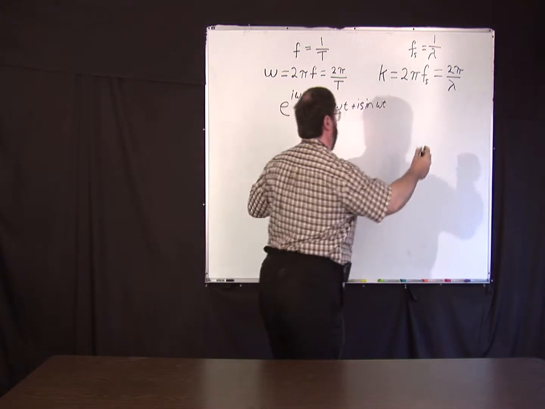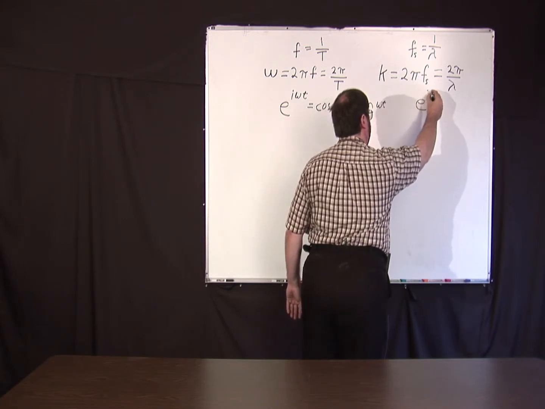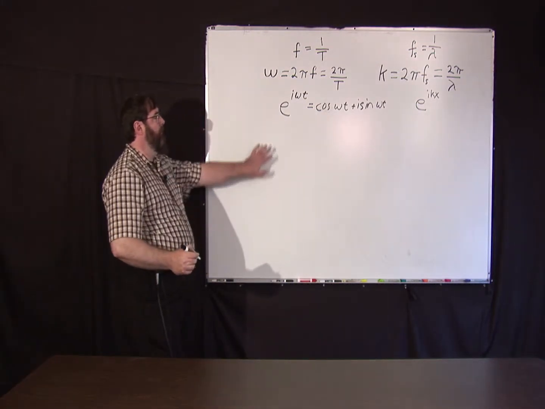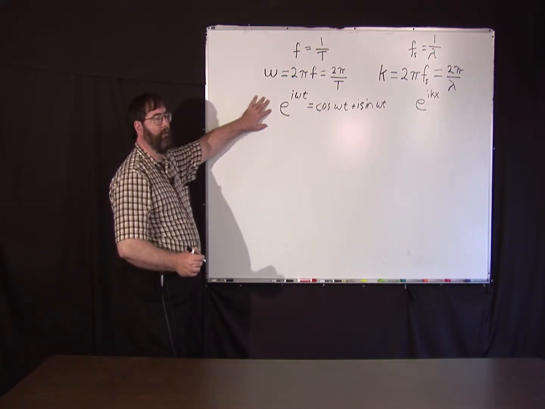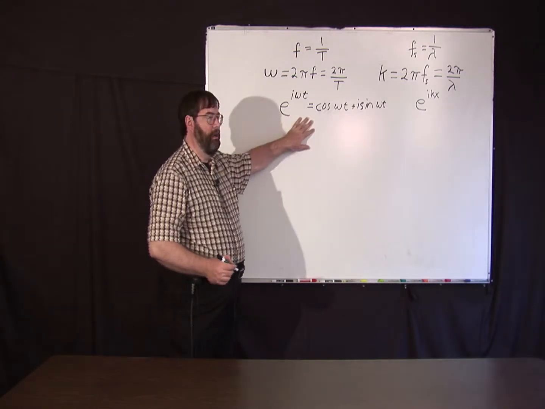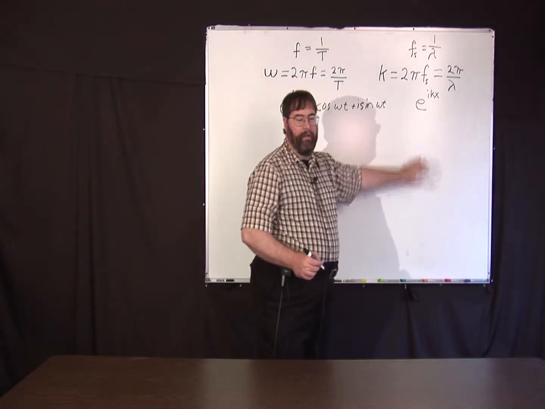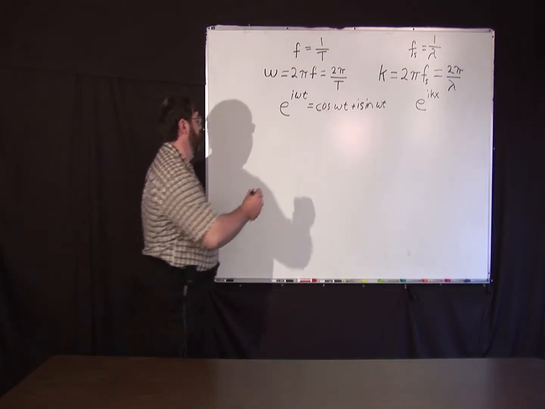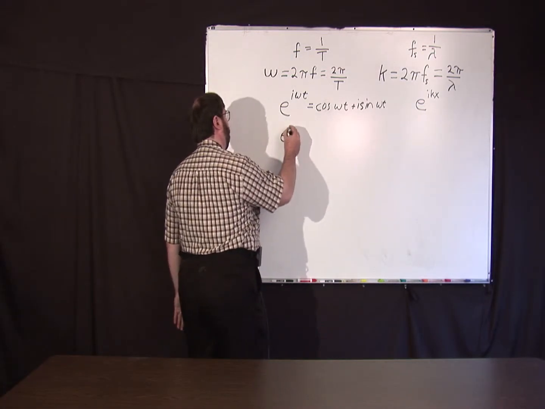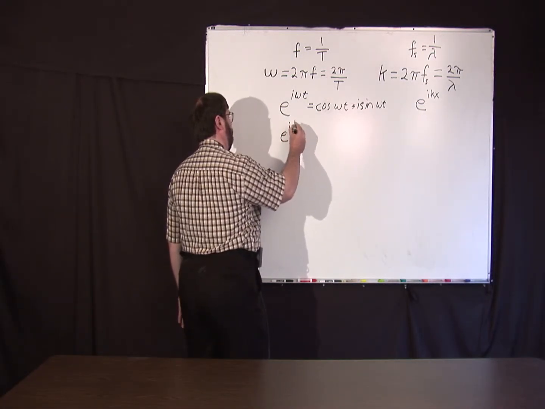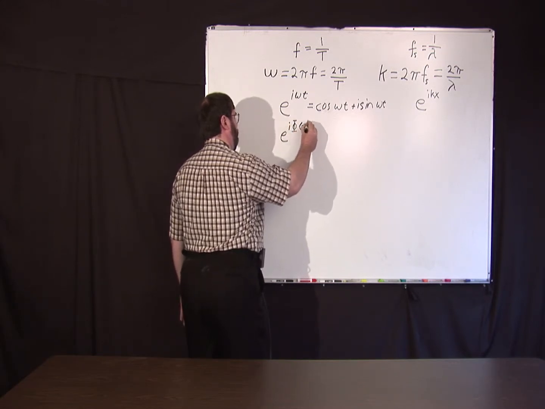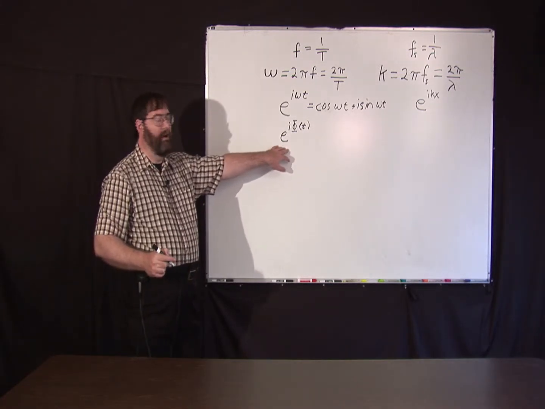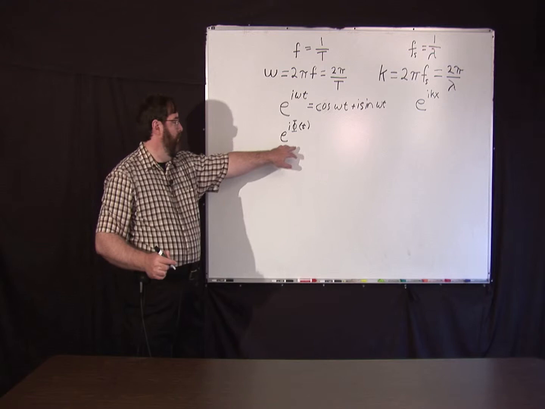You can also talk about e to the i k x, where x is in meters. So far we've talked about periodic phenomena, periodic in time, periodic in space. We also mentioned that for all sinusoidal quantities, you can have this function phi of t, called the phase of the sinusoid, whether this is e to the i or sine or cosine. This is called the phase.